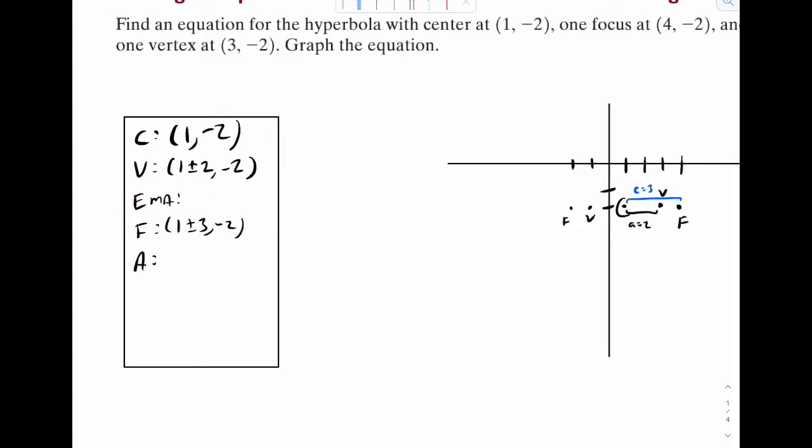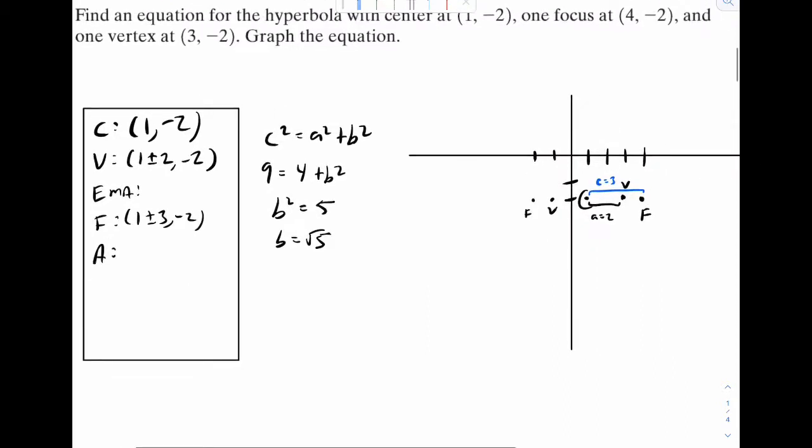We don't have our co-vertex, so let's write down our formula. C squared equals a squared plus b squared. C is 3, a is 2, so I can see that b squared must be 5, so b is the root of 5. Now let's fill that in.